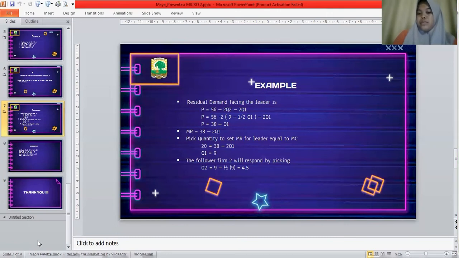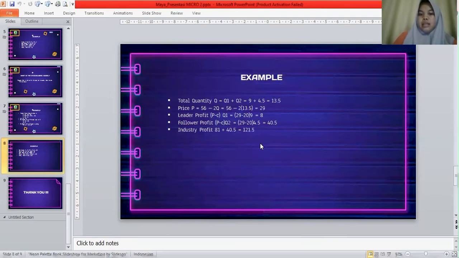And the follower, firm 2, will respond by picking Q2 equals 9 minus 1/2 times 9 equals 4.5. And the next, total quantity Q equals Q1 plus Q2 equals 9 plus 4.5 equals 13.5.